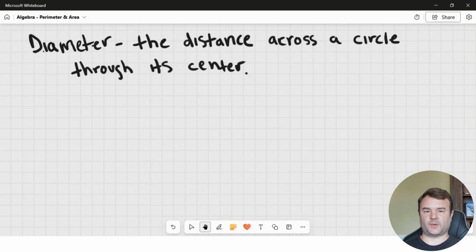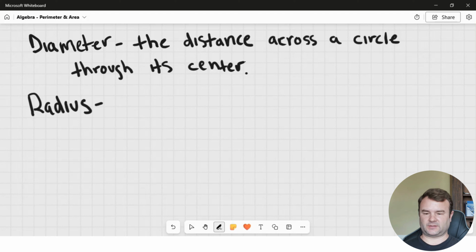So the next word we want to define for circle is radius. And radius is the distance from the center of a circle to any point along the outside of a circle.